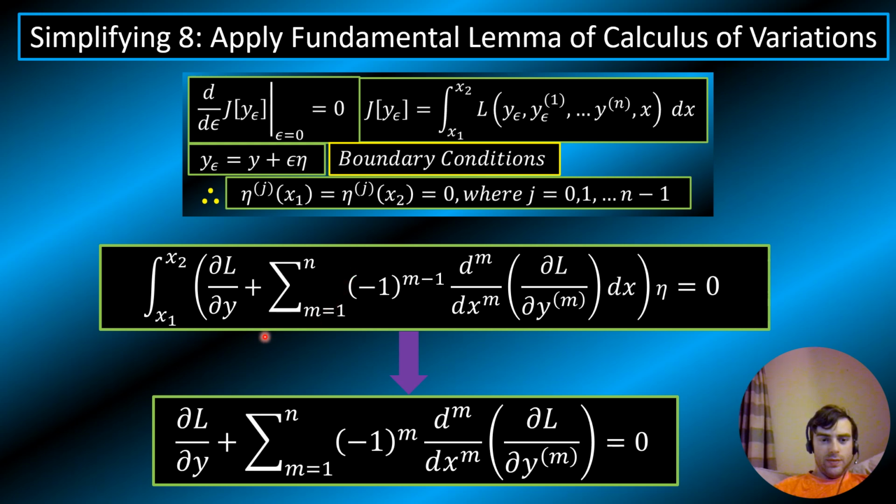So it must be true that the term in these parentheses is equal to 0. And this is only because eta vanishes at these boundaries. That's why we can apply the fundamental lemma of the calculus of variations, which can be proved, but I'm not going to prove it in this video.